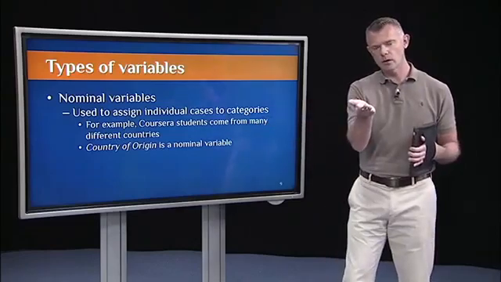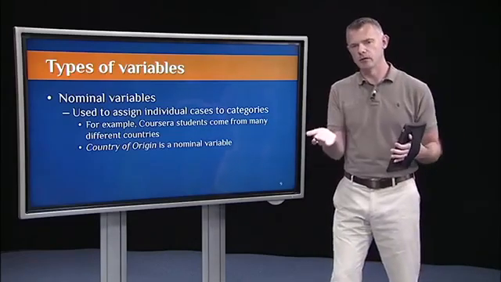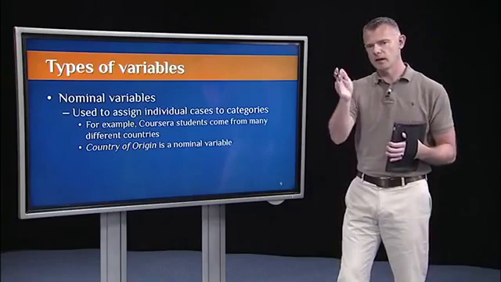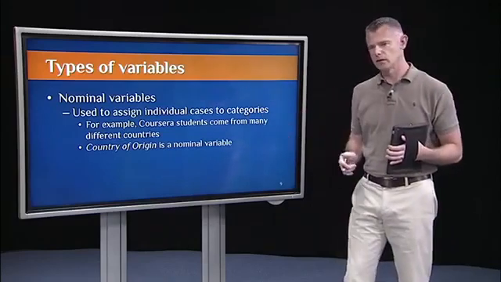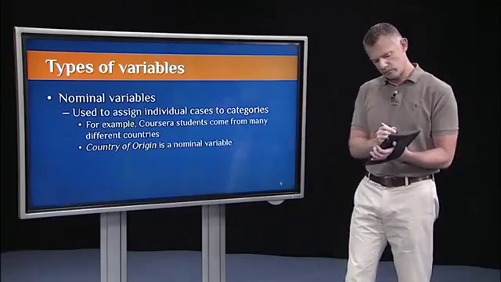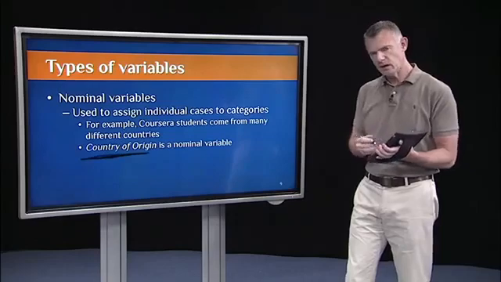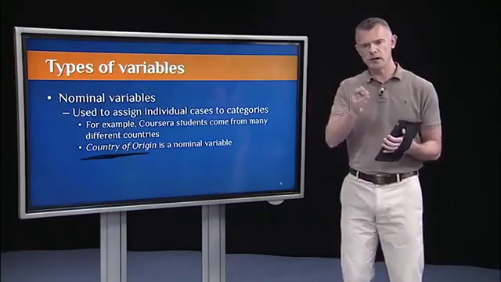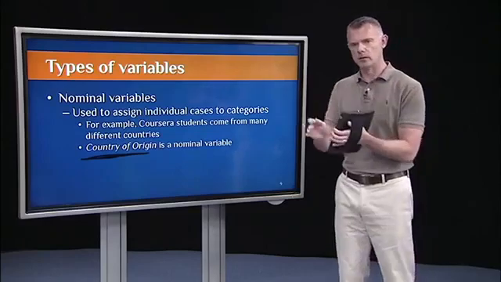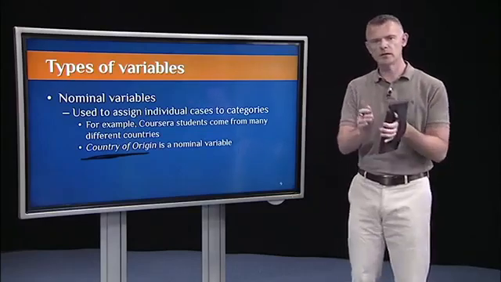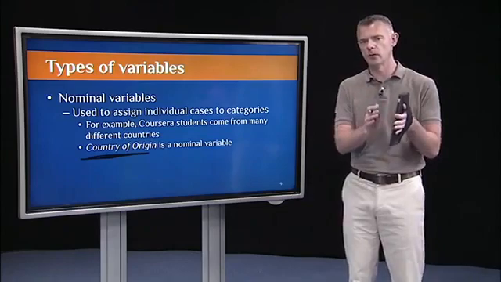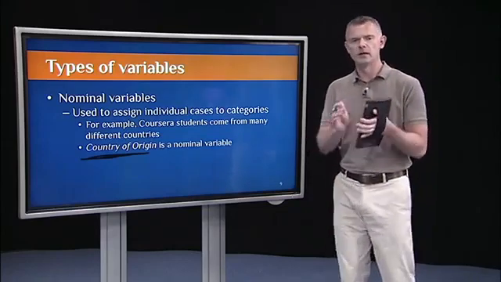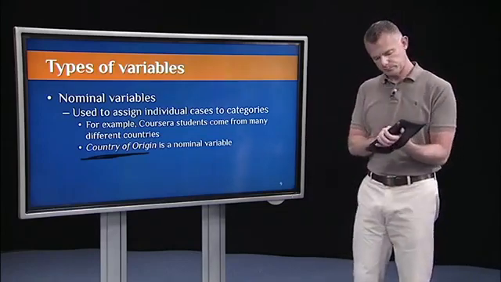So your country of origin is a nominal variable. It's just assigning individuals to categories. So country of origin is a nominal variable. It just allows me to distinguish some students from others. So there are some students from Brazil, some students from Argentina, some from Australia, India, the US, and so on.